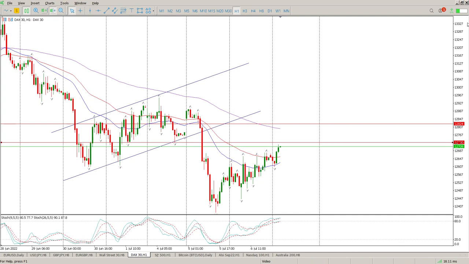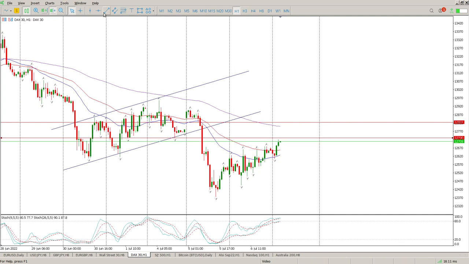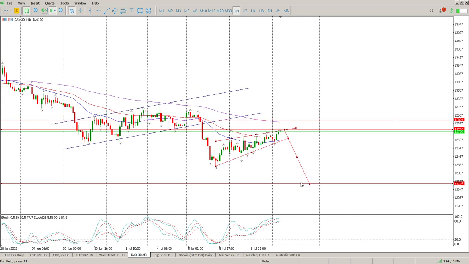So if we look at the hour, just have a very careful look here, because what you see is a flag. So that flag, if it breaks, has a measured move equal to the first move down, and let's argue that it's going to be off there, and lo and behold, it lines up with the previous flag break target.